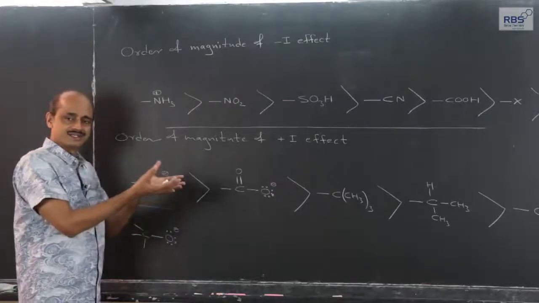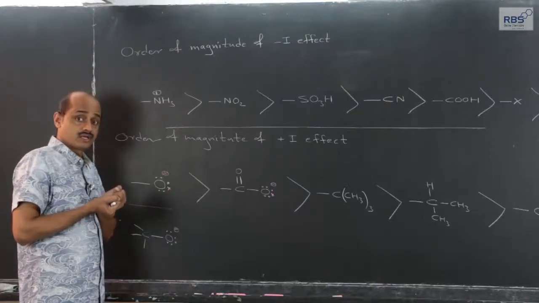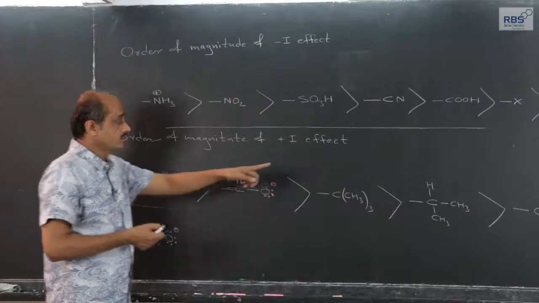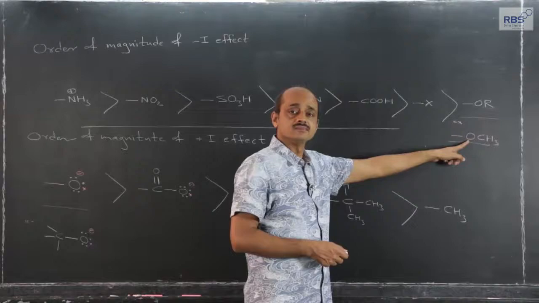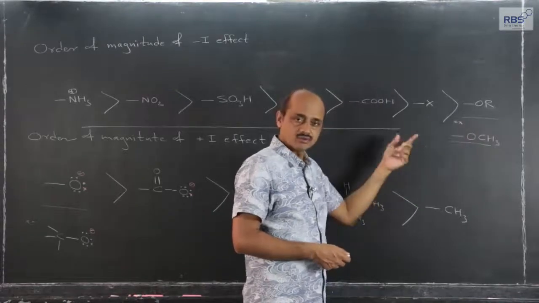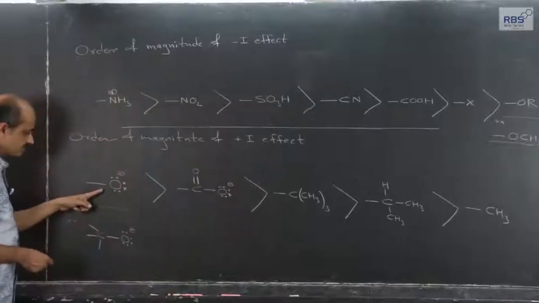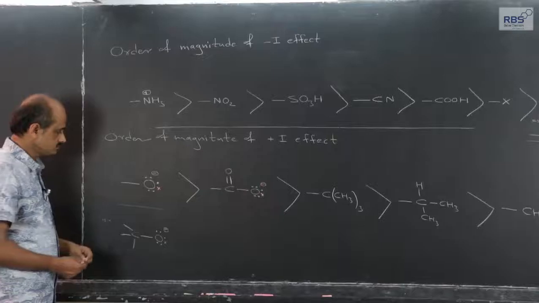Methoxy group has a tendency to pull the electron density towards itself in a chain of carbon atoms because of the electronegativity of oxygen. And one example we are going to consider after this, and normally it is written in this fashion in the books.